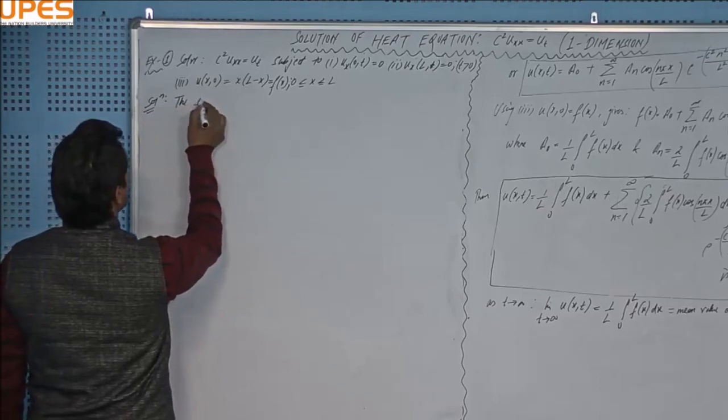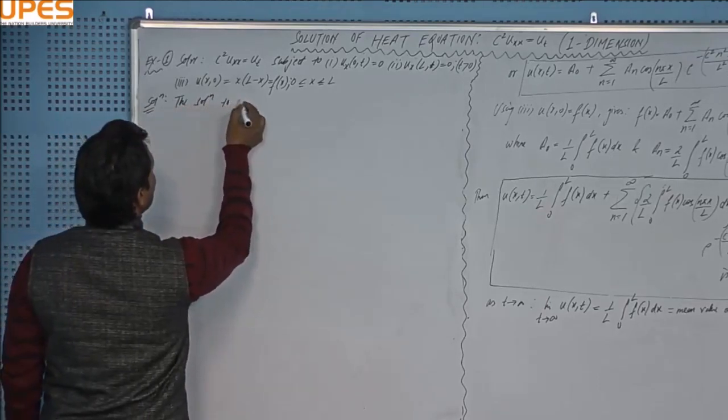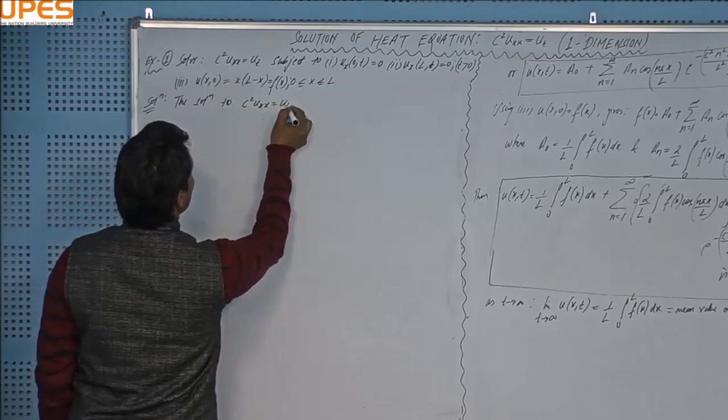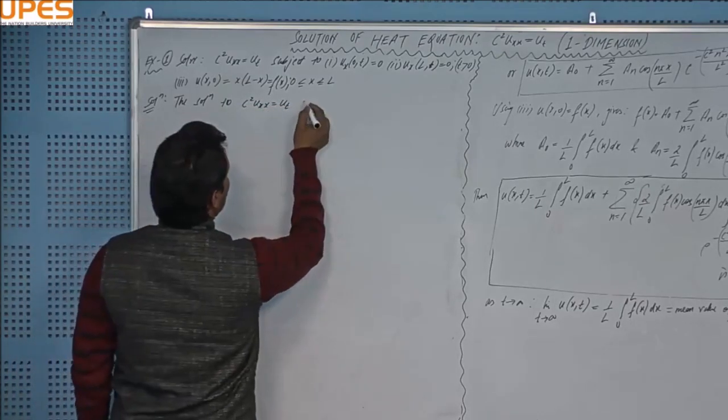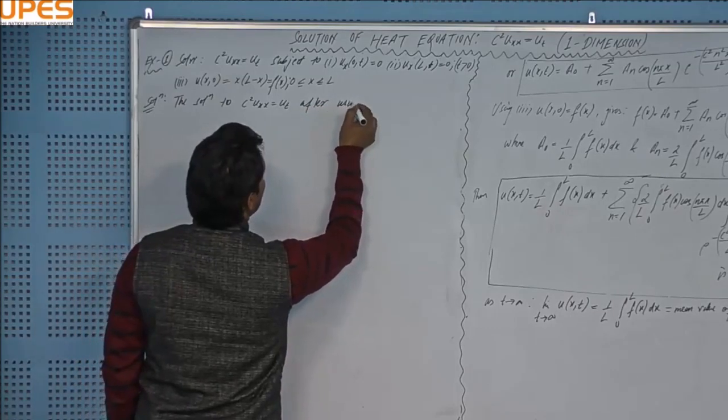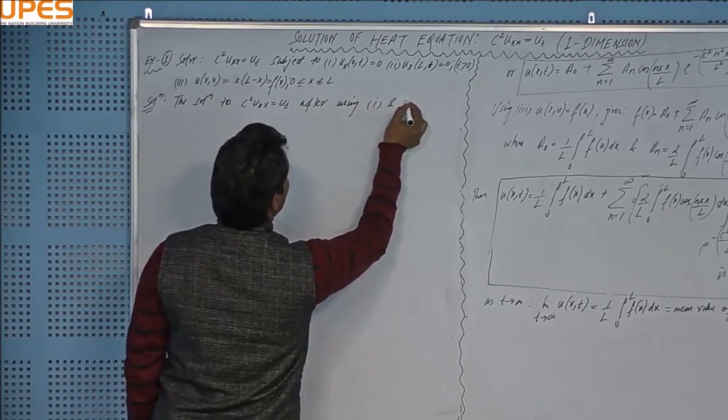The solution to c² u_xx = u_t after using condition number 1 and condition number 2.